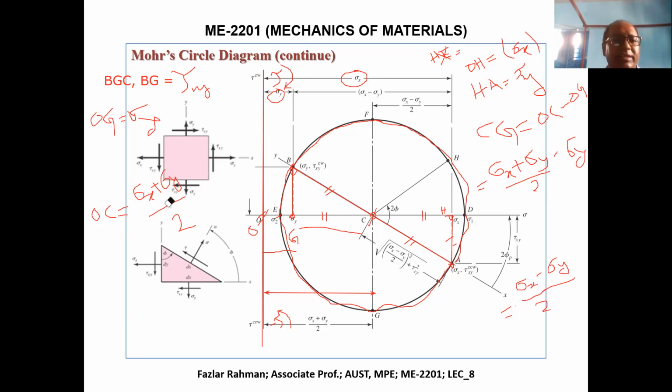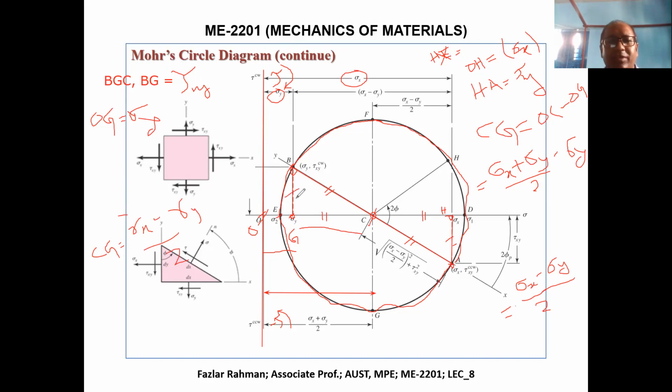Now let me erase all of this line. Right. So I got the CG. My CG value is right over here. That CG is equal to sigma x minus sigma y divided by 2.